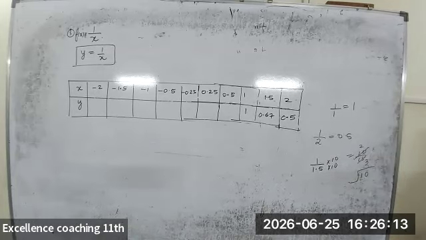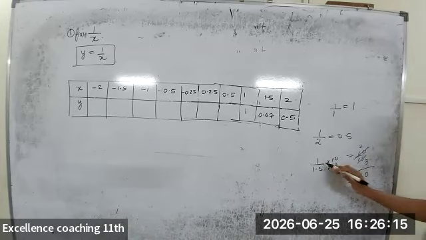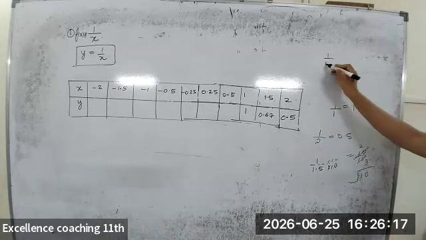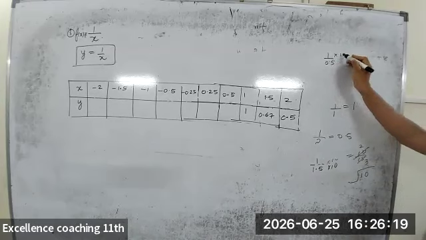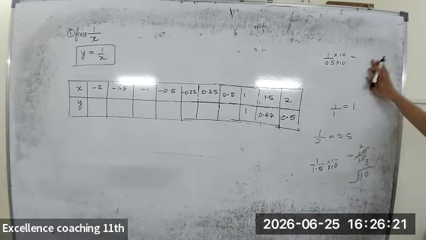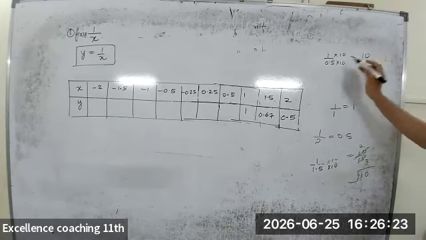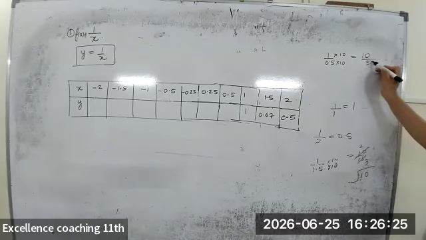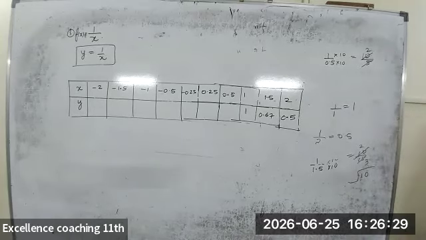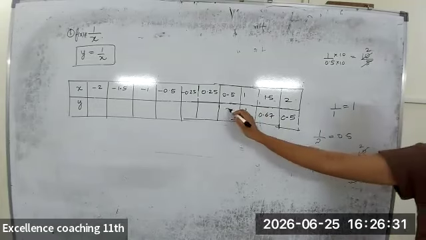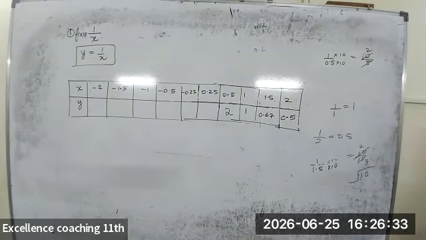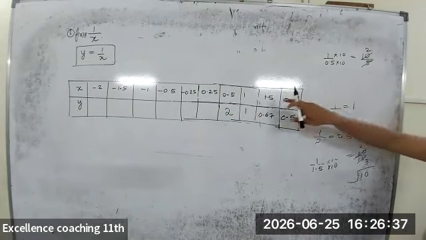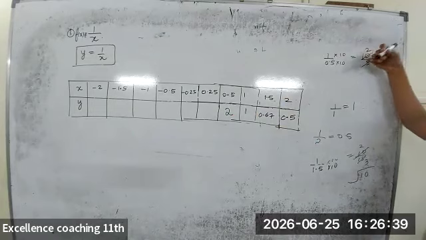Like that you can first remove the decimal. What is 1 upon 0.5? You can multiply it by 10 and see. 0.5 into 10 is 5. However you do, it doesn't matter.